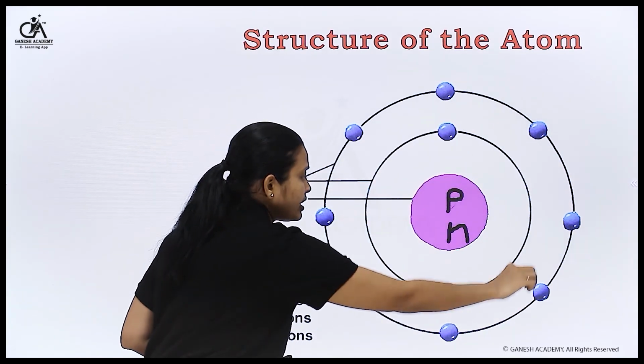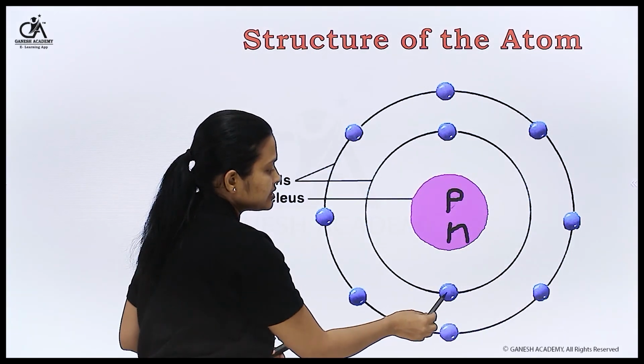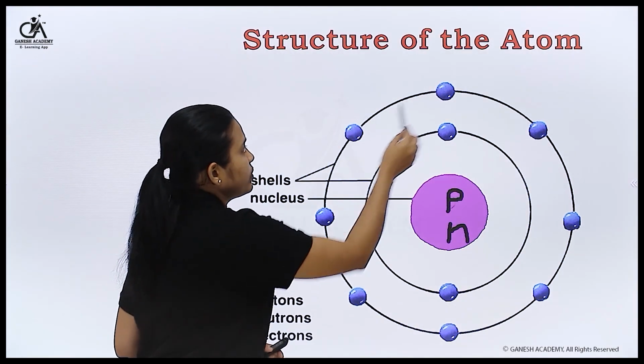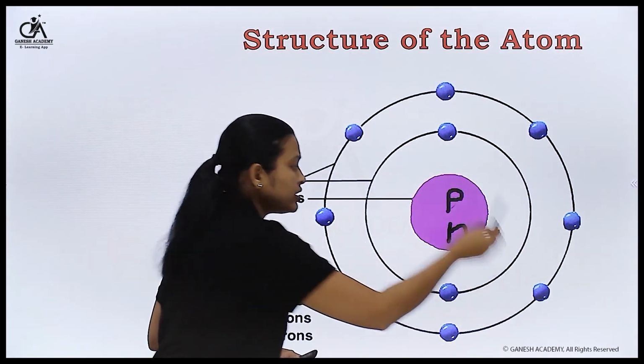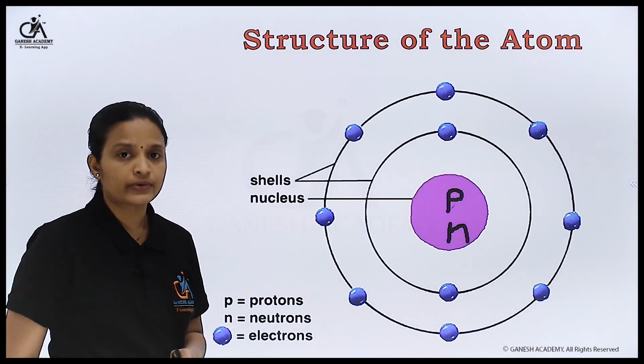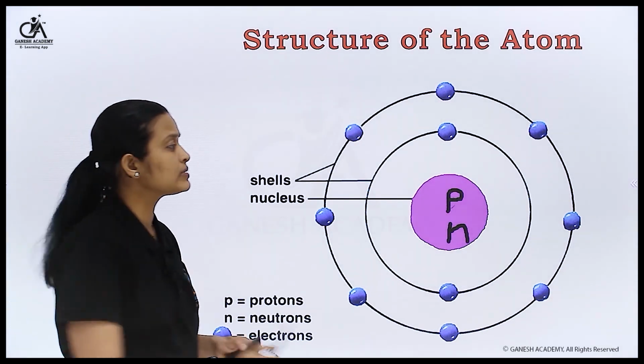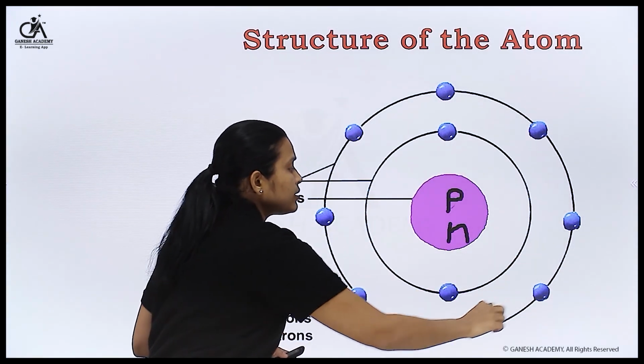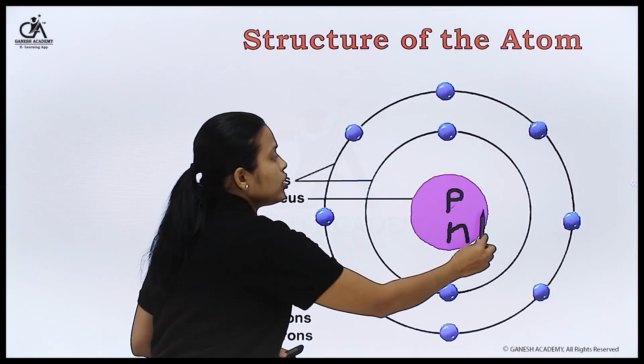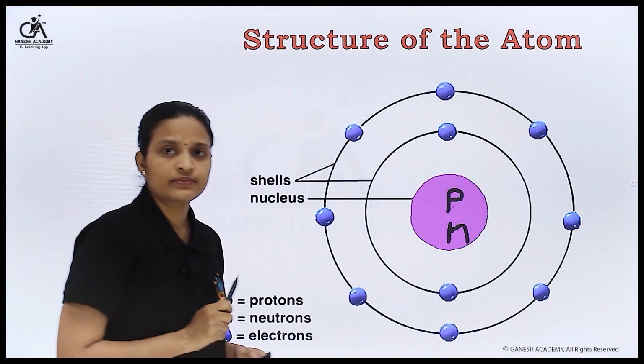In the surrounding portion, you can see this blue ball-like structure. Those are electrons, and electrons are always present in the outer portion of the atom, around the nucleus.